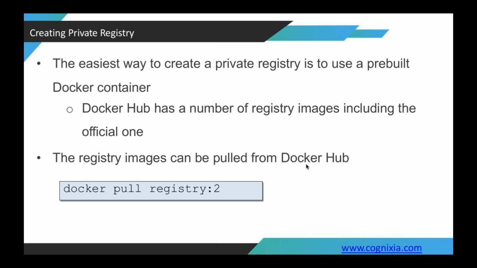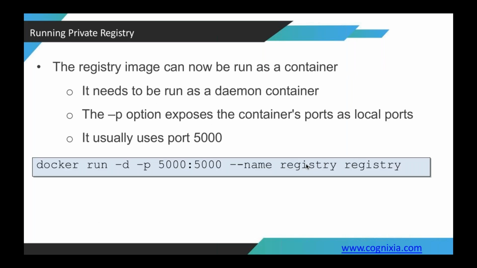For that, you can pull a registry image, which is available in Docker Hub. Once you pull the registry image, you can run it on port 5000. Here we are running the registry image in a backend, daemonized way using the -d flag, and then we are specifying the port, the host port and the container port: what port we should receive our request on at the host, that will be forwarded inside the container.